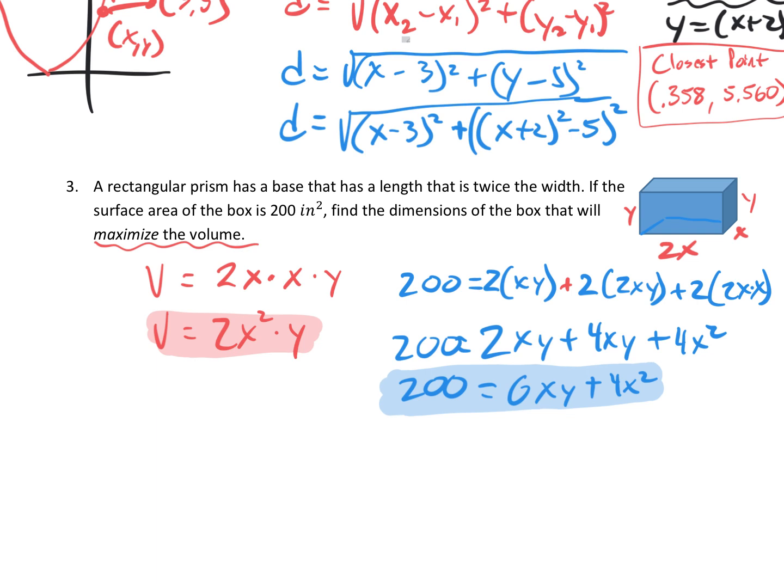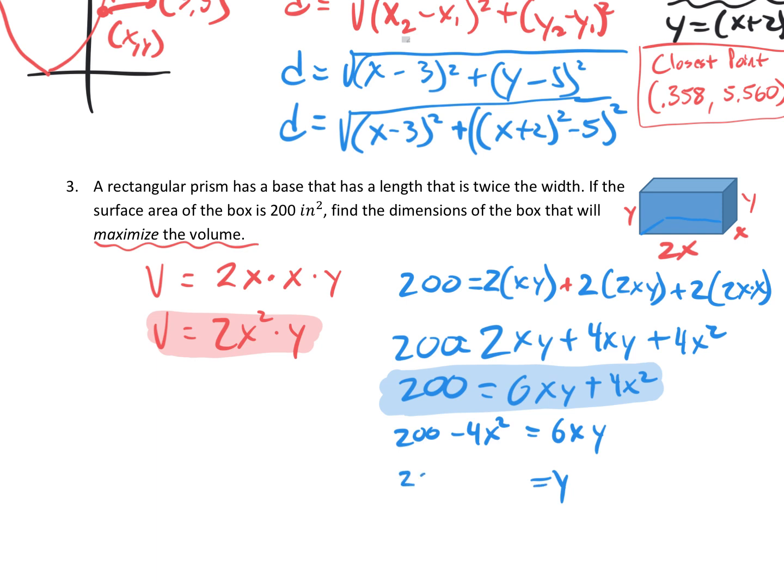Now, we want to find the derivative of the volume. The problem is we have 2 variables, so we need to solve this for y. Let's subtract over the 4x squared: 200 minus 4x squared equals 6xy. And let's divide both sides by 6x.